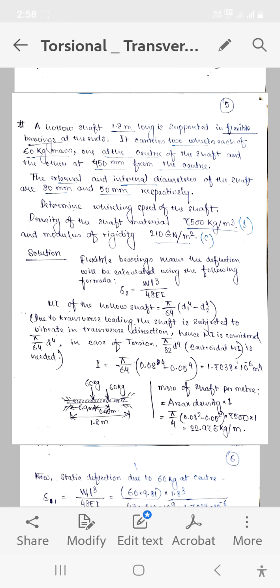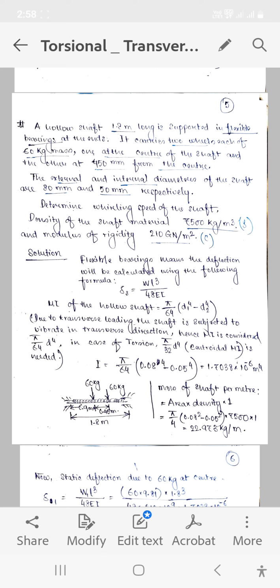Now the other one is 450 mm from the center, on either side. The shaft is 1.8 meter, so the middle is 0.9 meter from one end. From there, on one side it is 450 mm, so from one end it will be 0.45 meter, and from the other end it will be 1.35 meter, that is 0.9 plus 0.45.